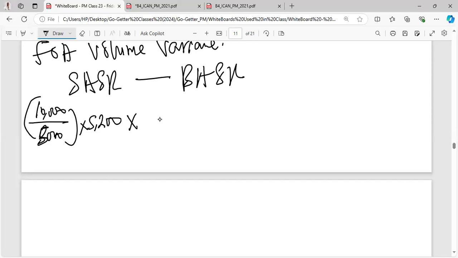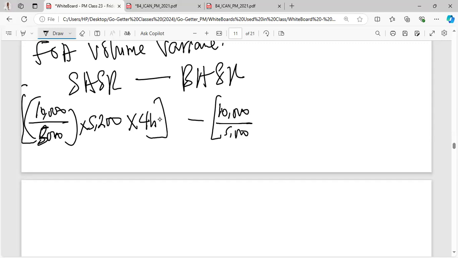Then standard rate is 4. All of these minus budgeted hours. Of course, this is 10,000 over 5,000 times 5,000 multiplied by standard rates. Let's still use 4. Sorry, it's not hours. Let's still use 4.